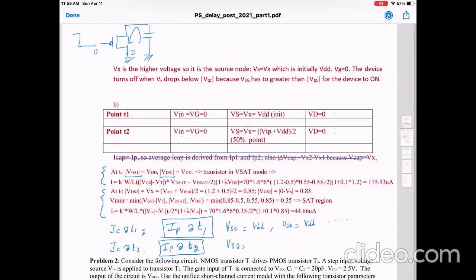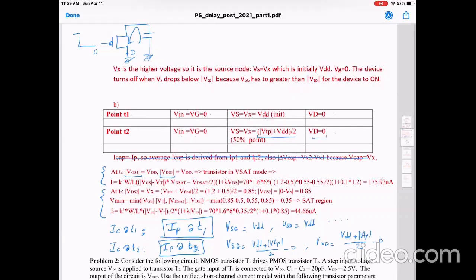So VSG will be Vs, which is VDD plus magnitude of VTP over 2, minus 0, and VSD will be VDD plus magnitude of VTP over 2 minus 0 also, because VD equals 0.